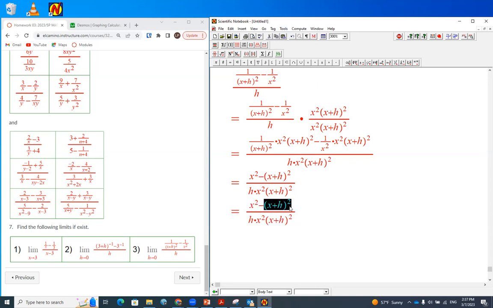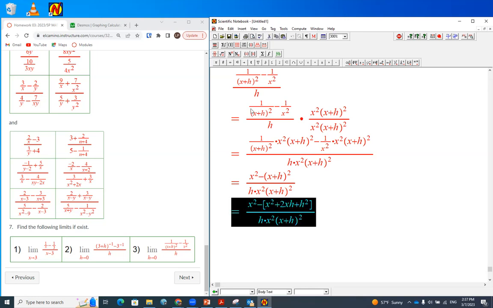Okay, x plus h squared equals x squared plus 2 times xh, it doesn't matter which order, plus h squared.